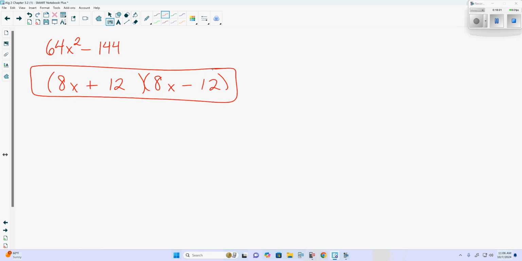Okay, let's look back at the starting problem. Is there a greatest common factor between these two terms? What is it? Because 2 does go into both terms, yes?